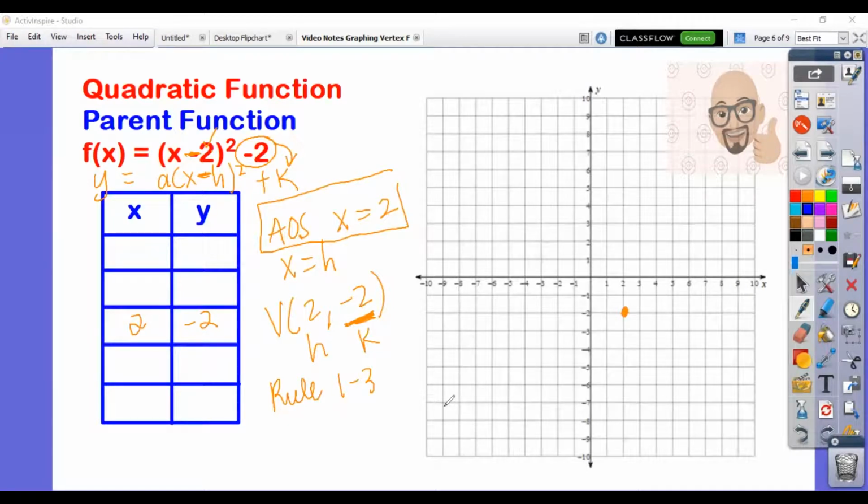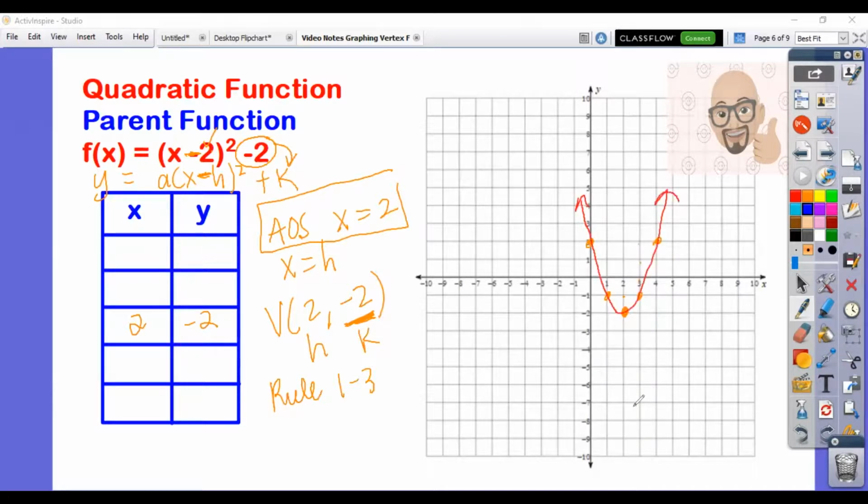You always go over 1. From the vertex, you go up 1 over 1, up 3 over 1, 2, 3. Reflection, reflection, and just simply connect the points and draw your parabola.